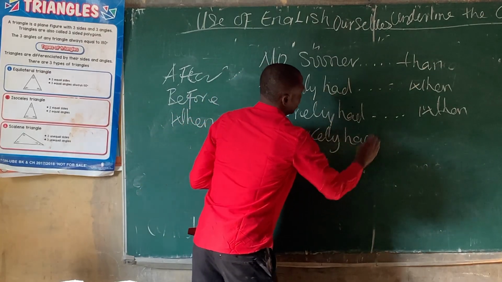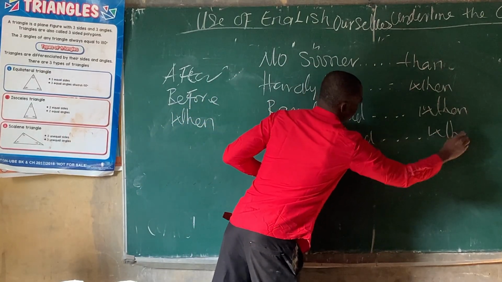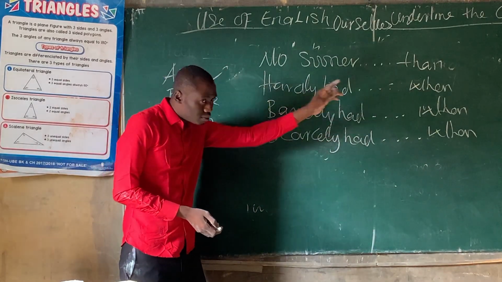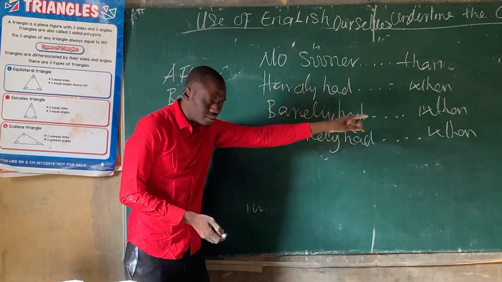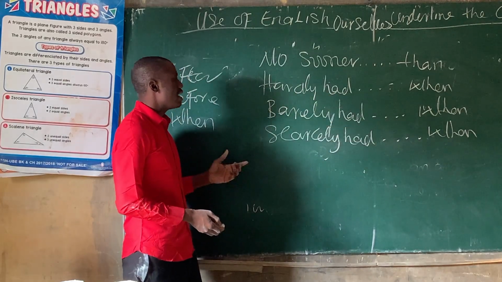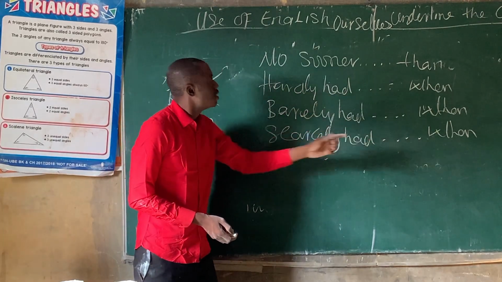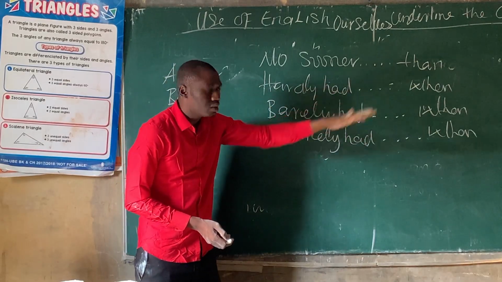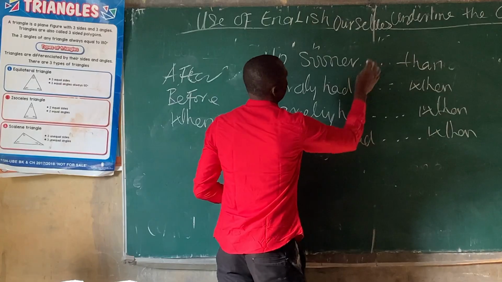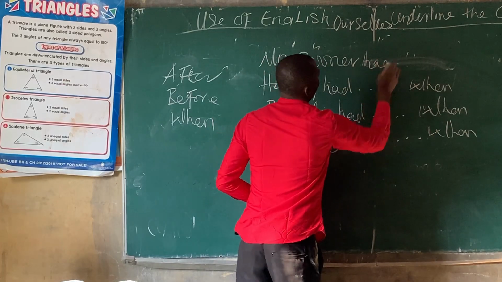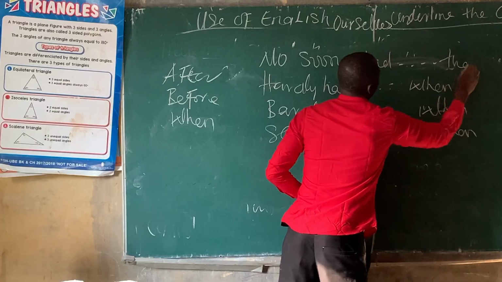Scarcely had, when. So when you see hardly had, barely had, scarcely had, no sooner than, no sooner had, that's what we added there. No sooner had, please stretch it. Done. Now let me give you the question.